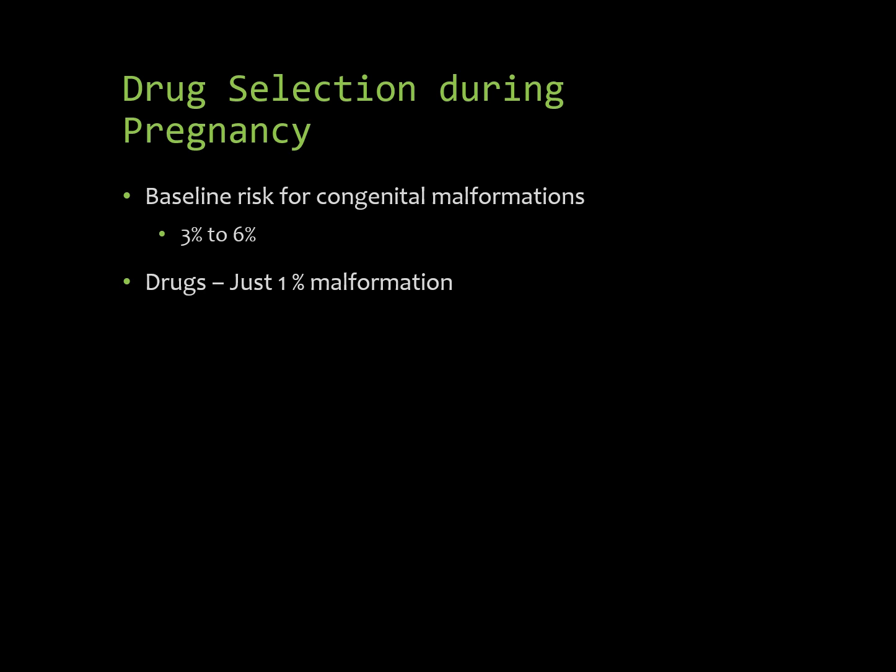When we talk about congenital malformations, malformations in the fetus or the babies, only 1% of the malformations are caused by drugs externally administered, as compared against congenital causes, which account for 25% of the malformations.